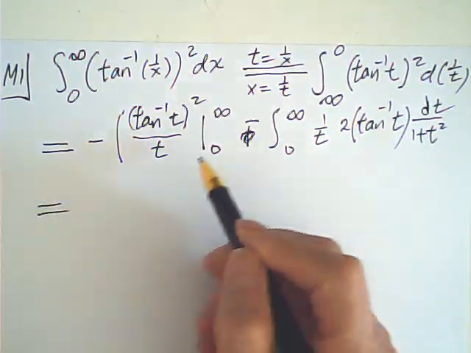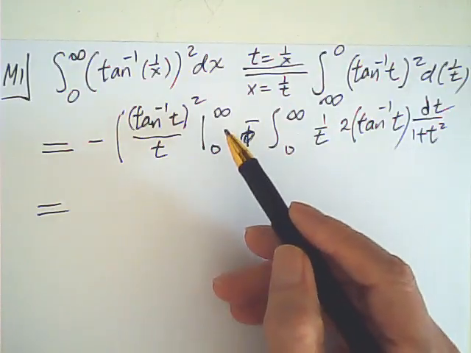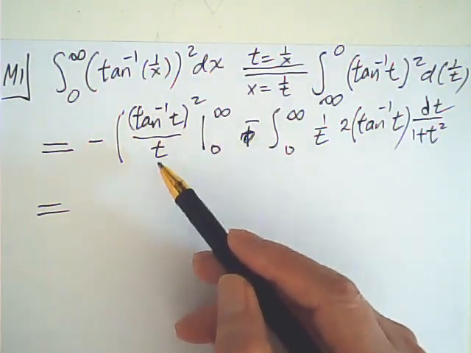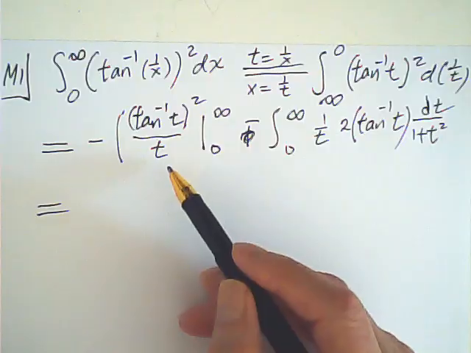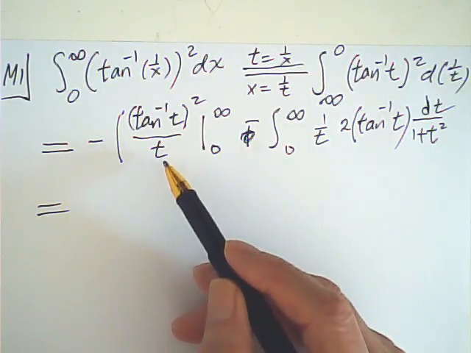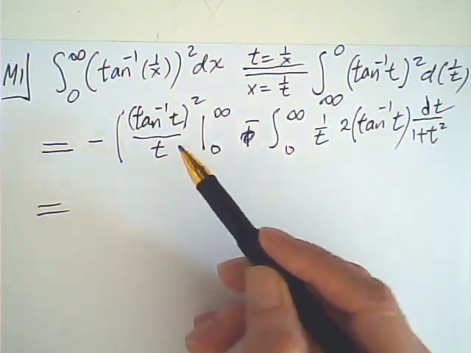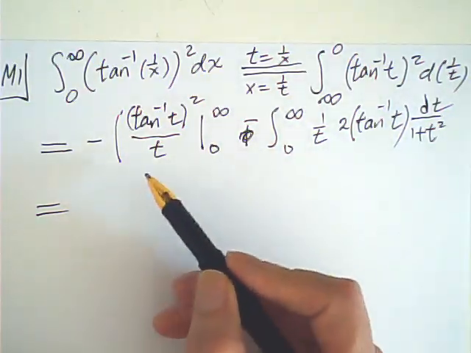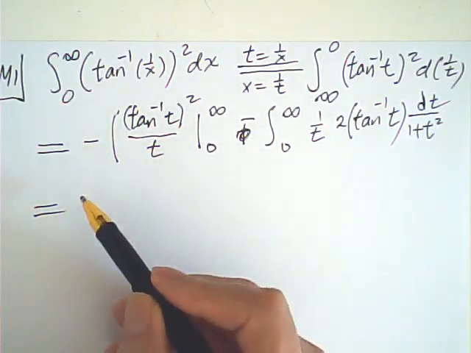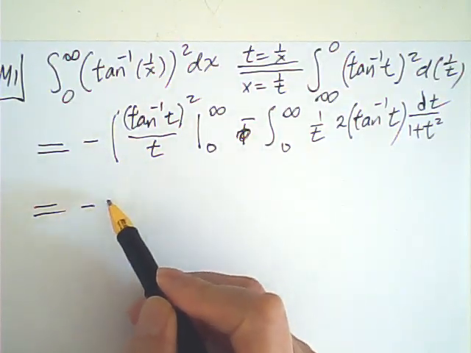Then this one, when t goes to infinity it equals 0, no problem. When x approaches 0, it is 0 over 0, so use L'Hopital's rule. I'll leave it for you to finish by using L'Hopital's rule. So this is 0.